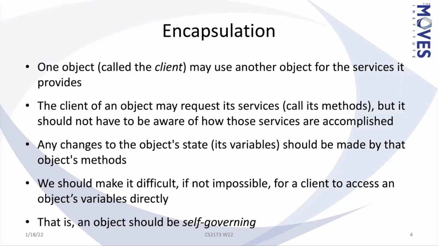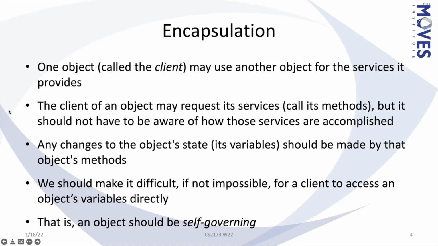So the programmer virtue of ignorance and apathy is that when I invoke a method, I shouldn't know or care how that method is accomplishing what it does. All I need to know is what the Java doc, the documentation, tells me. This is what it does. How it does it, that's not my business.